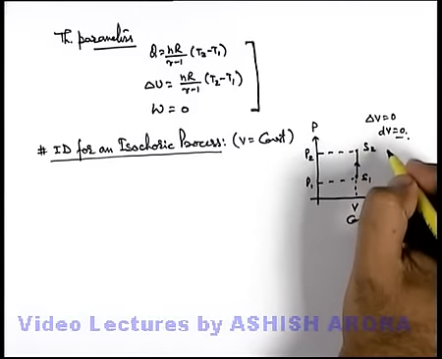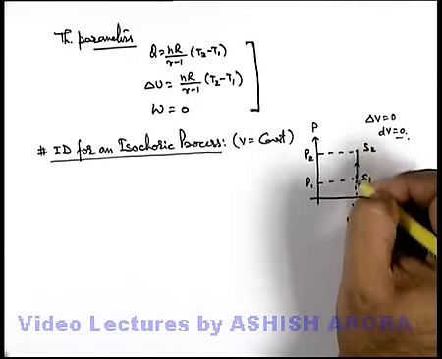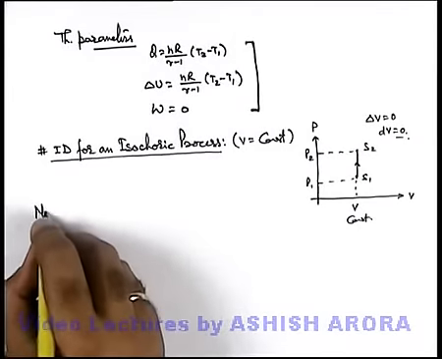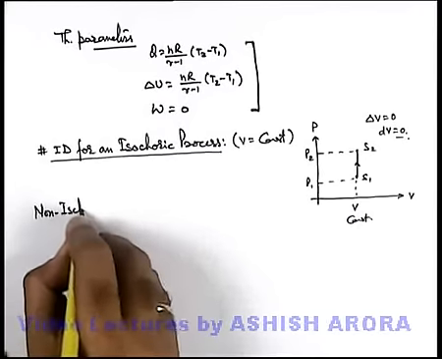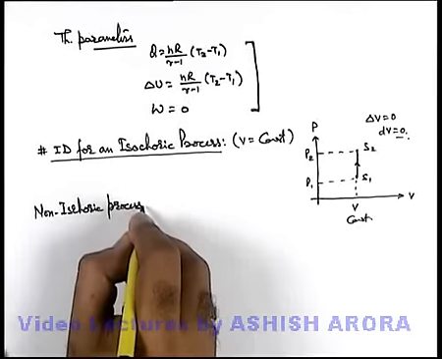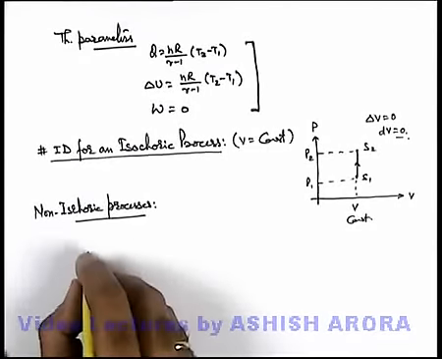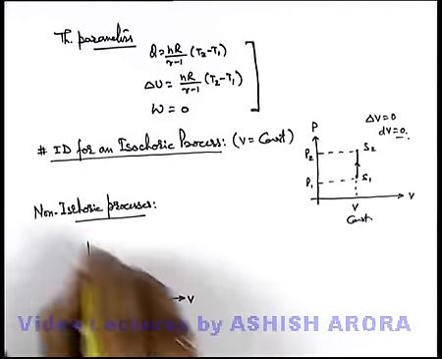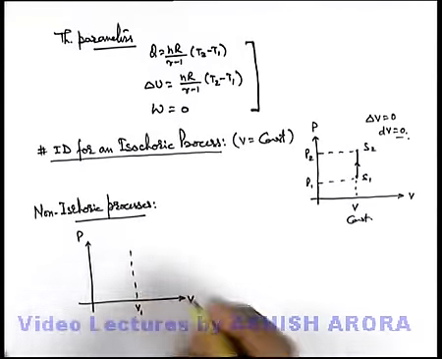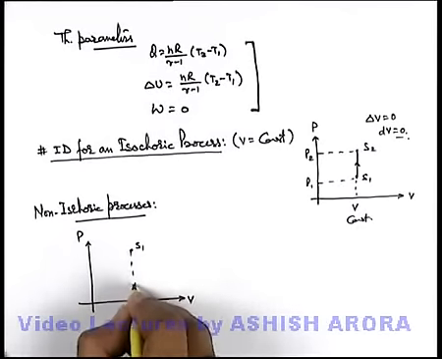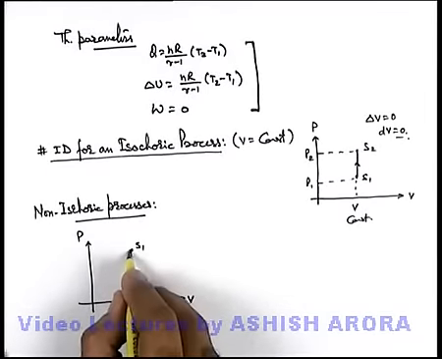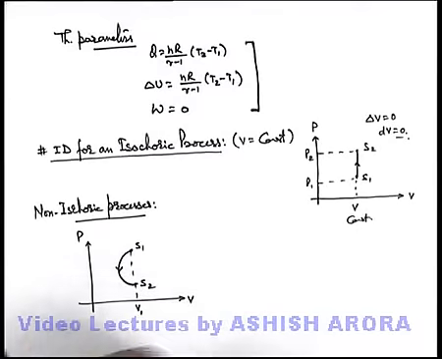But several times it happens that in a given process, delta V is 0 but dV is non-zero, like in some non-isochoric processes. So if a PV curve is plotted in this manner, say volume is V1, the initial state is S1 and the final state is S2, and the curve is going like this.